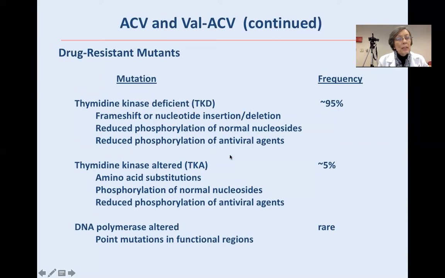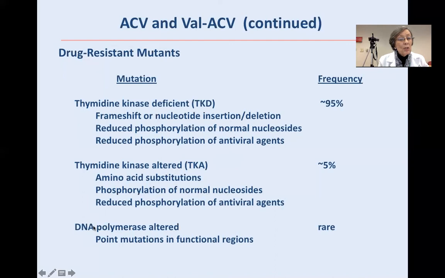So you get resistance. We can also have a thymidine kinase altered enzyme. In this case, we have amino acid substitutions, so point mutations, that will not affect the phosphorylation of the normal nucleosides, but can reduce phosphorylation of antiviral agents.